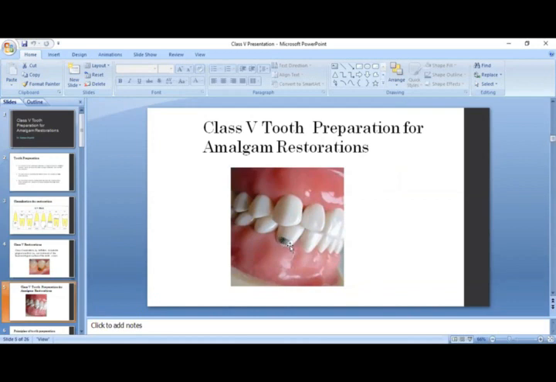So this also shows the location of the class 5 cavity. Again, it is very close to the gingival part. It is not away from the gingival. Okay, on that tooth structure, this is the location of the class 5.